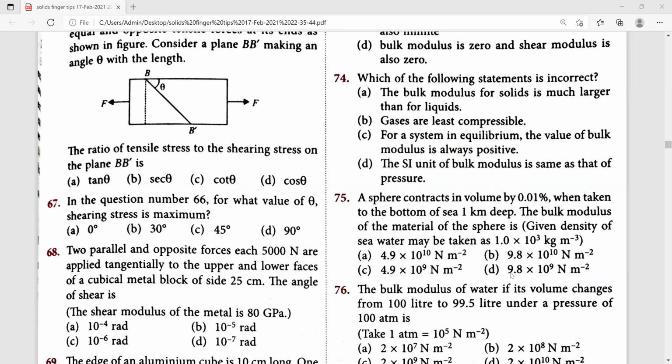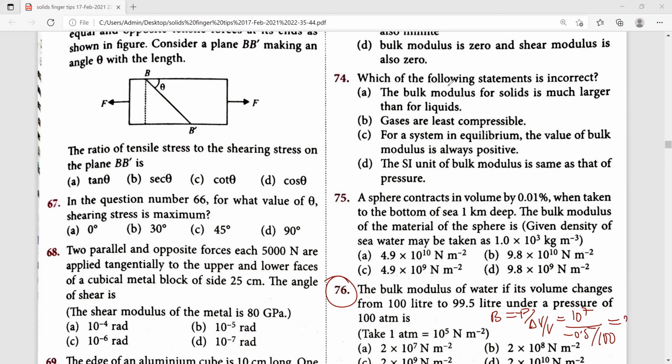So the last one, the 76th, is very easy. Just use the formula. Bulk modulus is given by minus P divided by delta V by V. For the 76th one, we are using the formula B is equal to minus P divided by delta V by V. Here pressure is 10 to the power of 7, and if you take the difference of volumes, we get 0.5 whole divided by 100.